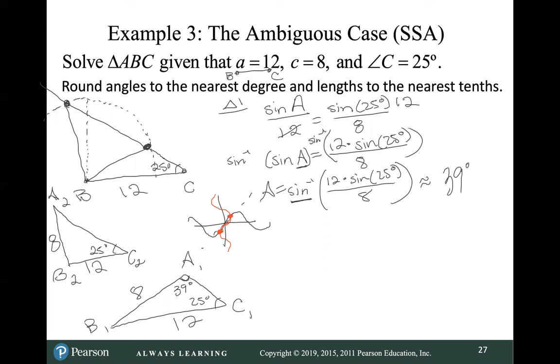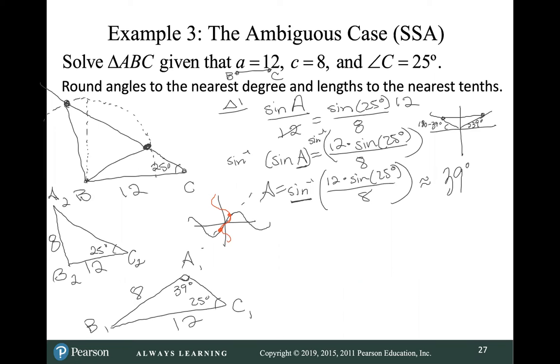But if we look at what angles will give us this value as sine, we can actually see that if I draw my angle of 39 degrees, the sine value, the y value on the unit circle, will happen again at 180 minus 39 degrees.